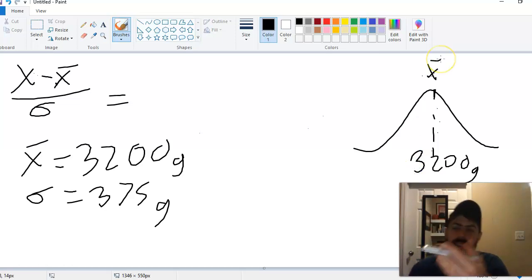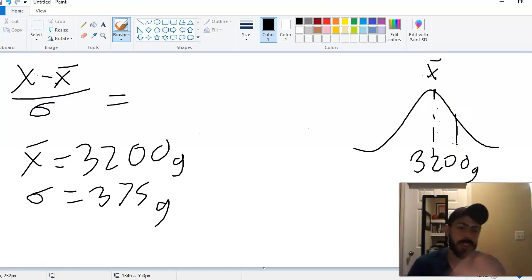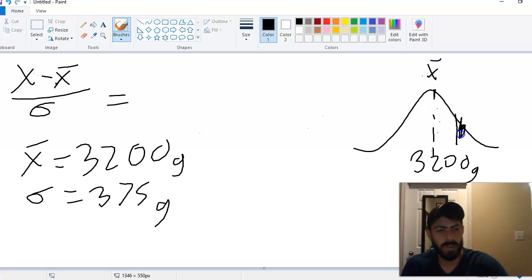So think about what it's asking. It wants to know the probability that a child is born at a weight of 3,600, which is higher than 3,200, or more. So it wants to know this side of the curve. So we want to know what this area is underneath the curve.